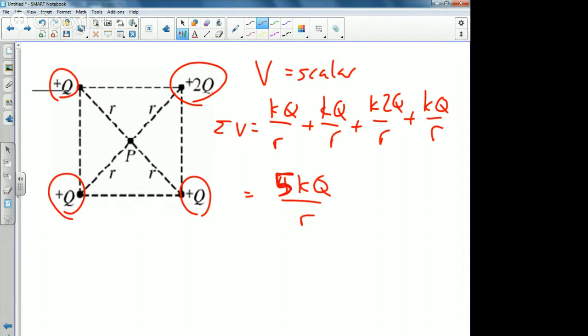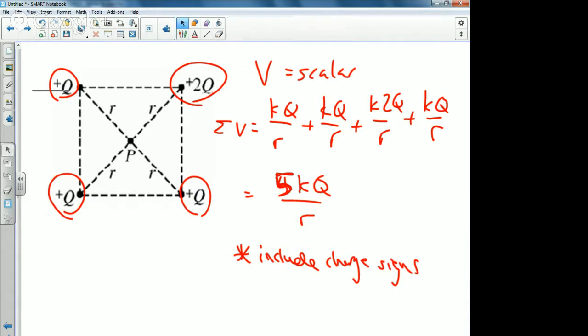This is the only formula though that you have to include charge signs for. Okay? So if any of these were negative, you just insert the negative in and they just cancel each other out. Okay, so we have to include charge signs.